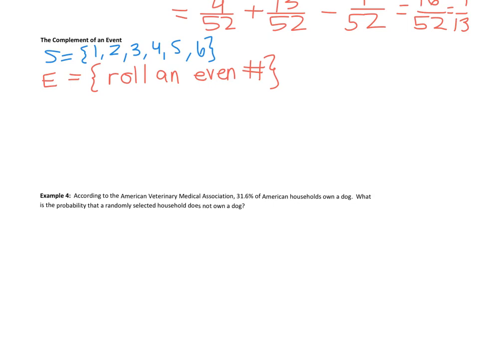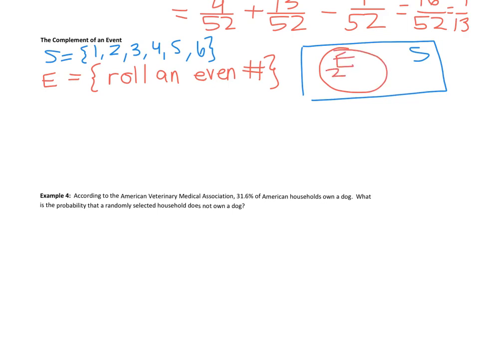Okay, so let's set up our Venn diagram. Here's our sample space. Here's our event, E, and 2, 4, 6 are in the event. So what's in the sample space? What's left over? 1, 3, 5.